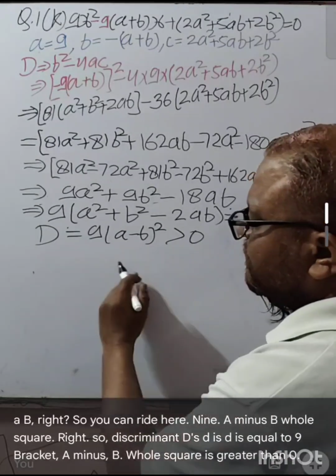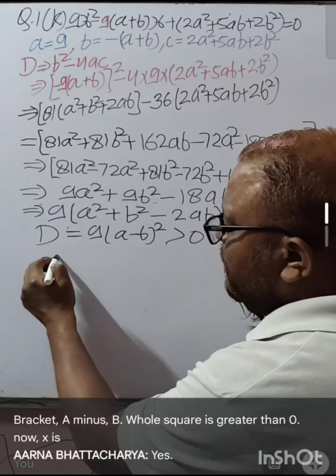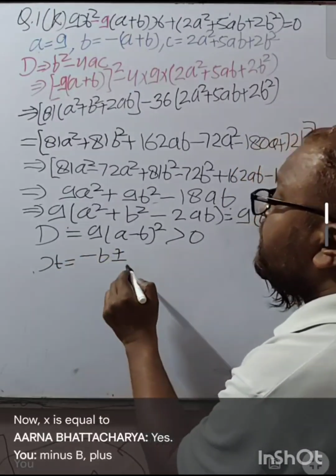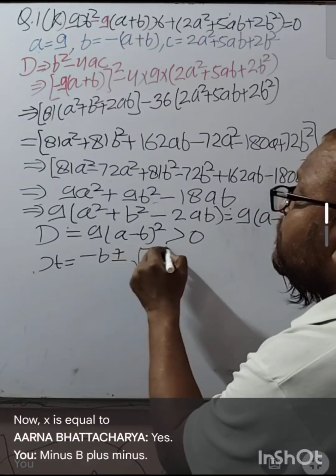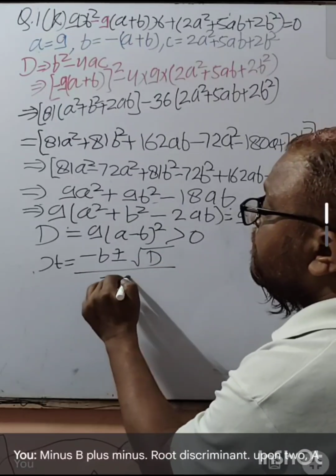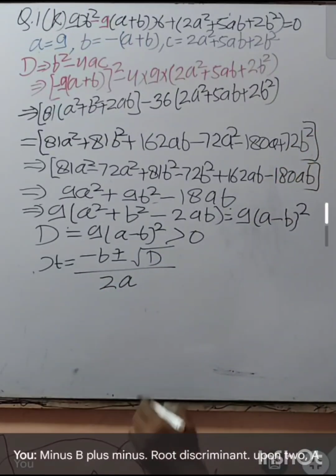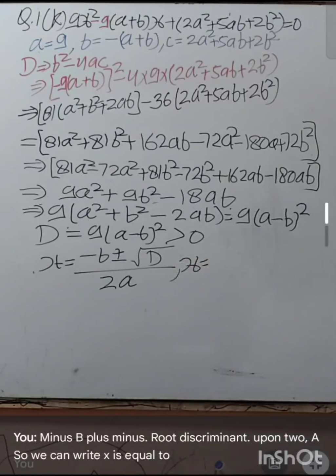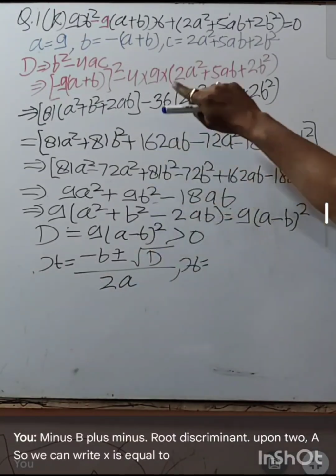Now x is equal to minus b plus minus root discriminant upon 2a. So we can write x is equal to, b is how much?